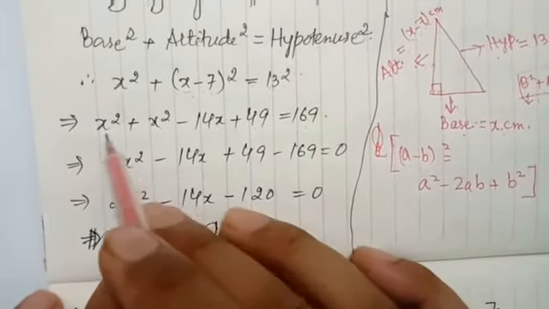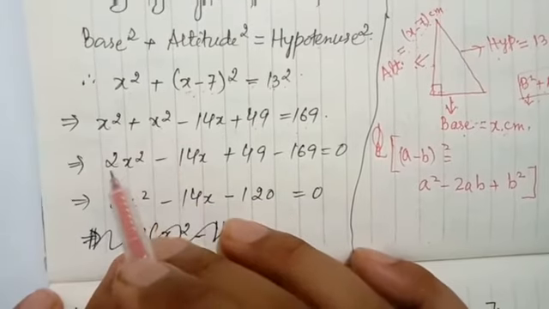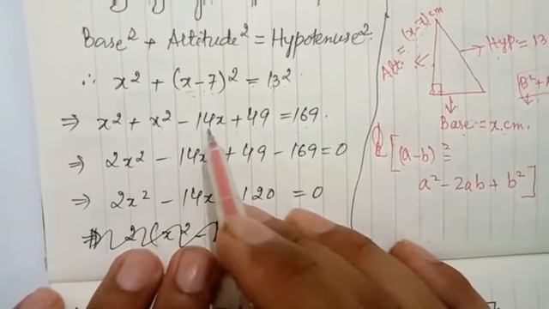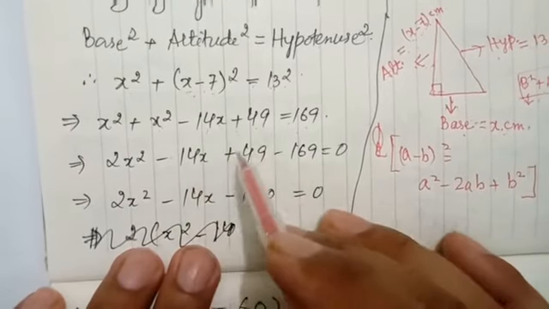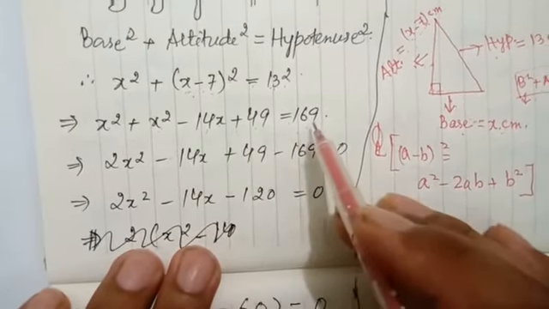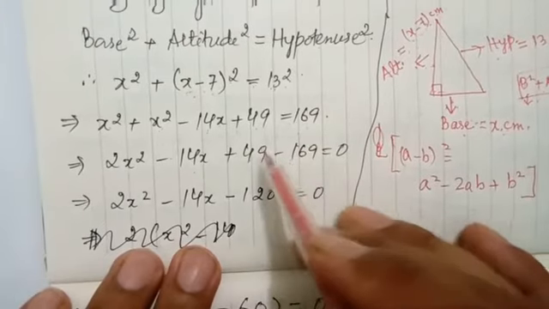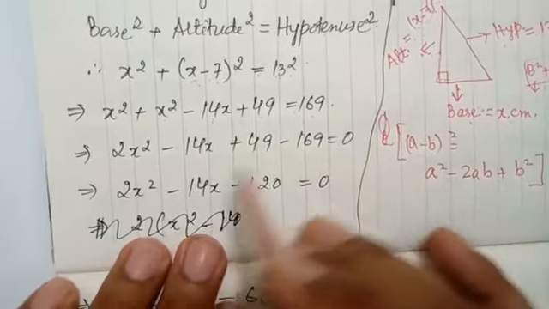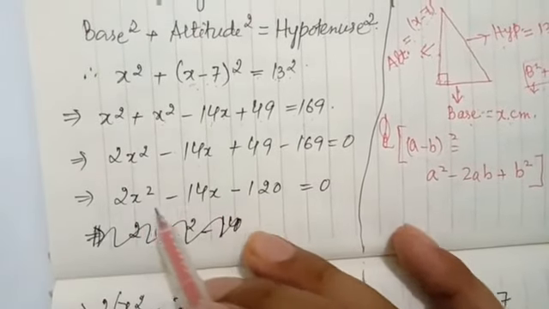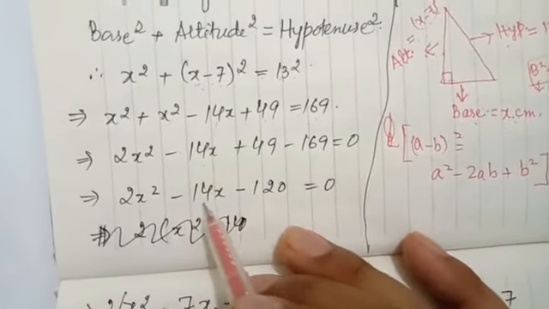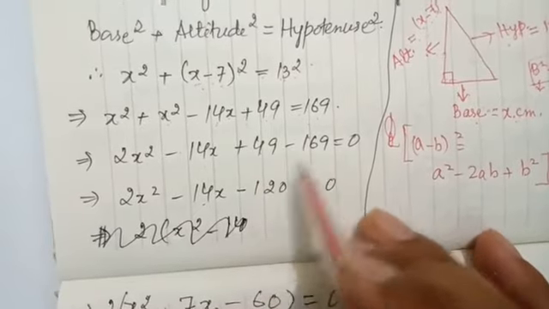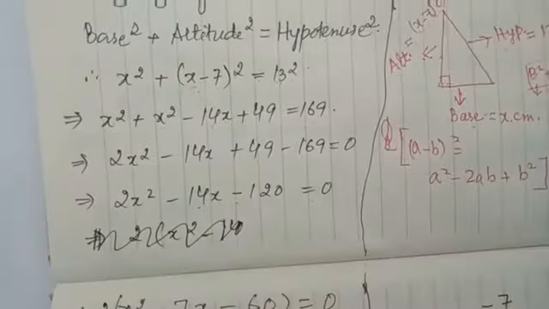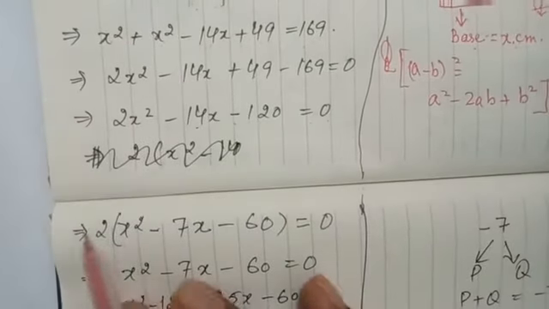Now x square plus x square is 2x square because they are like terms, minus 14x plus 49. I will transpose 169 to the left hand side. It will become minus 169 equals 0. Then 2x square minus 14x, and doing the subtraction I will get minus 120 equals 0. Then I will take 2 common.